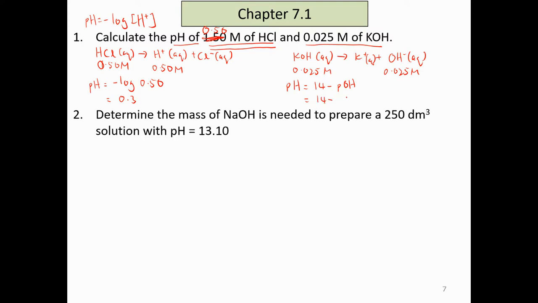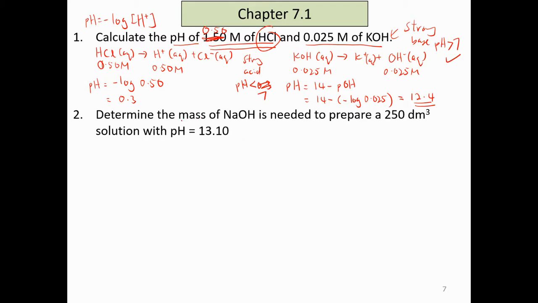So we get 14 minus negative log 0.025, and the final answer we will get is 12.4. So let's see whether it makes sense or not. KOH is a strong base, so the pH is more than 7. Now HCl is a strong acid, so the pH should be less than 7.